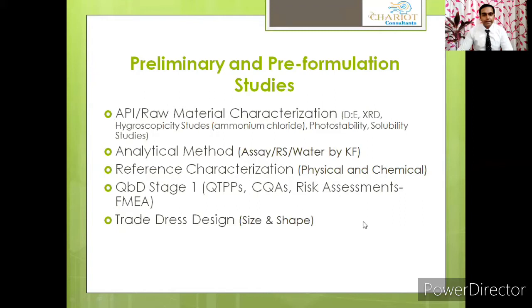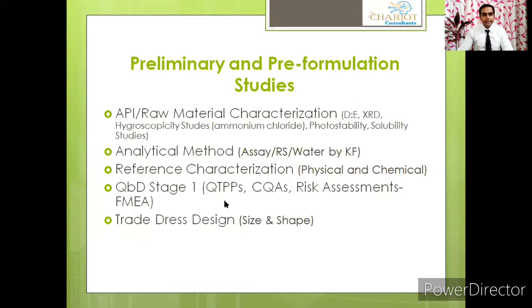Then your risk assessment you have to do, because before starting any activities, you need to assess what the risks are, and based on that you define whether the risk is medium, high, or low. Based on your risk, you will design your product development such that the risks which are on the higher side or the medium side, you put down to low based on the experiments you are going to perform.